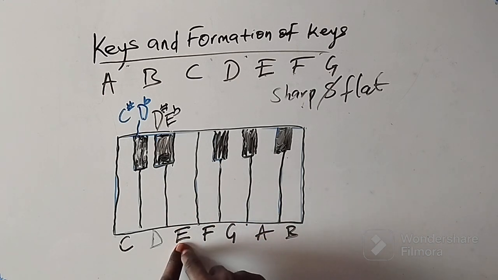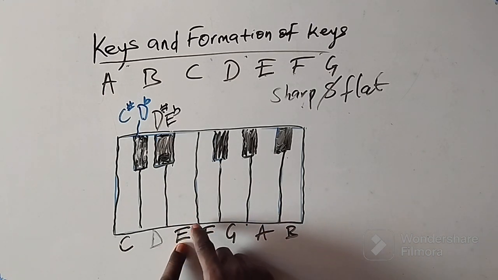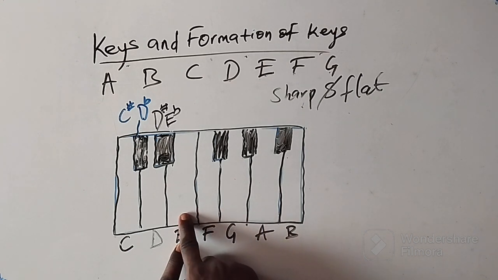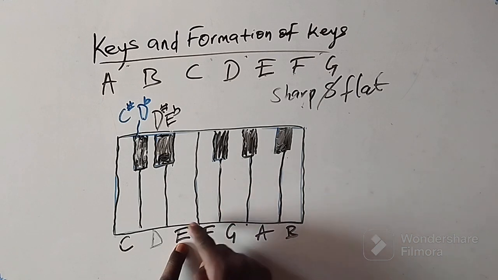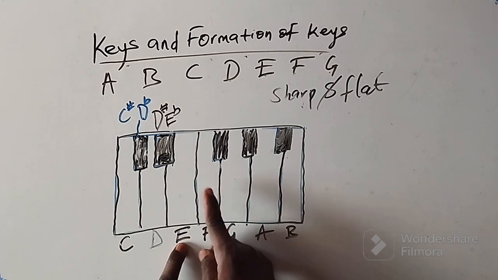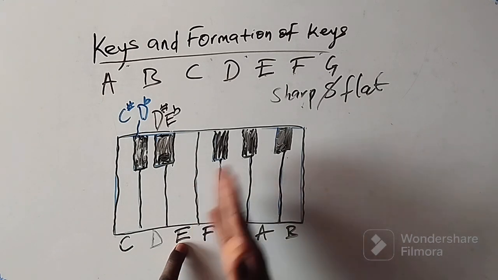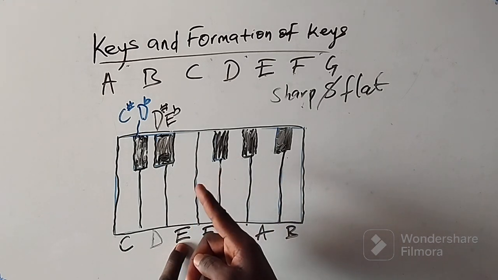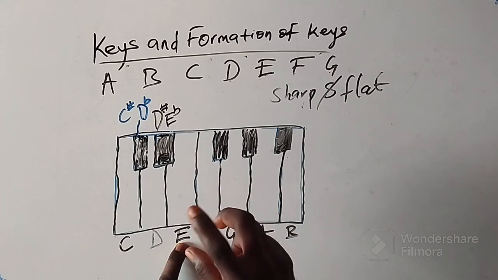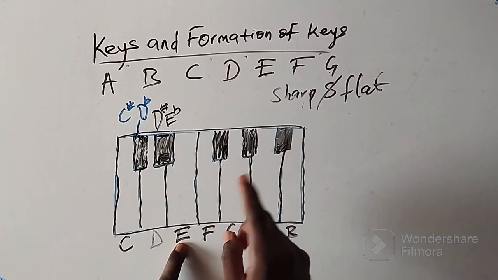any black notes, but theoretically F sharpens E. That is why some people used to argue that E has E sharp. But practically, you don't have a key that is designed as E sharp.